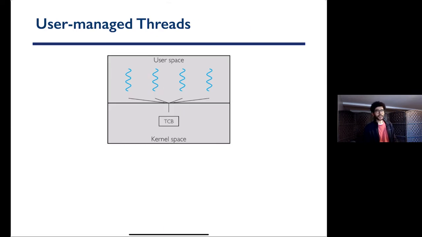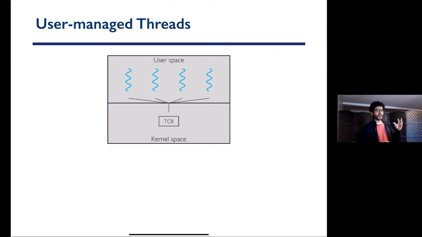So we want somehow to make context switching a function call instead of something that is kind of like a system call. For example, we want yield to happen inside user space. I don't want to go to the kernel and context switch.